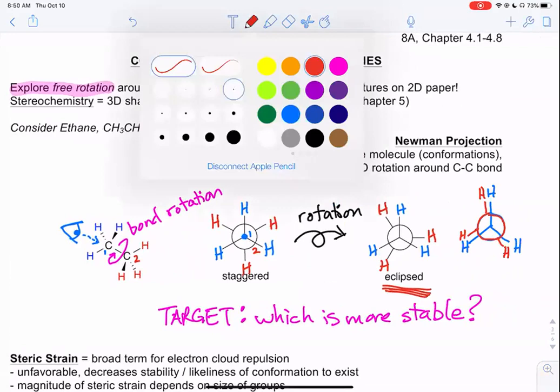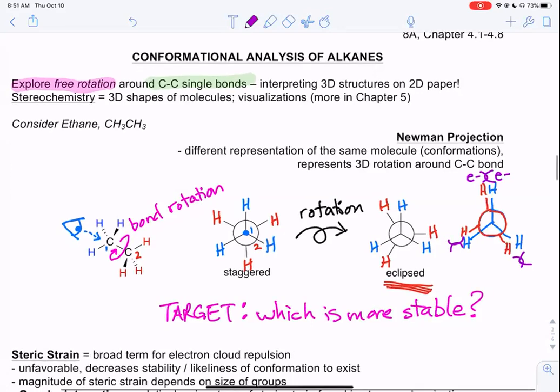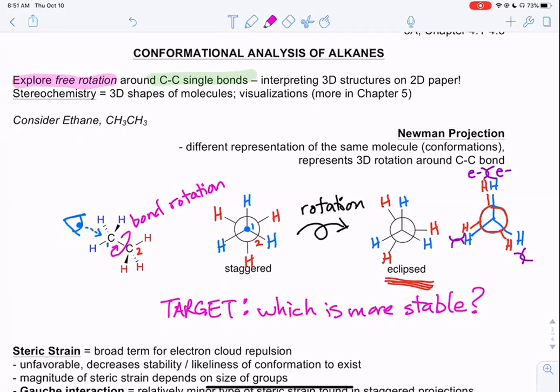And this idea of them bumping into each other, we show with these little squiggle lines, these little lines that cross over. This represents those little electron clouds, very small with hydrogen, but when those electrons bump into each other, it causes what we call steric repulsions or electron cloud repulsions. It's the same idea as like charges, in this case electrons, they're going to repel each other.